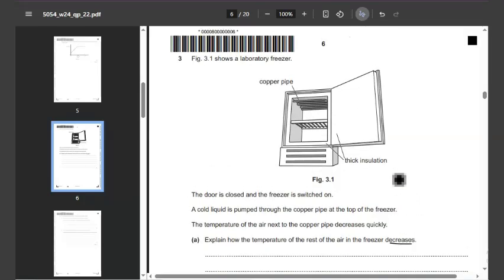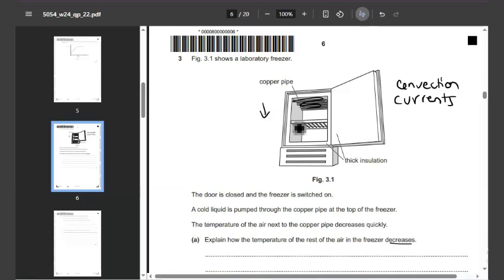Okay, so let's understand what's happening here. Cold liquid is pumped through this copper pipe and due to that the temperature next to the copper pipe will decrease. And whenever they ask how the temperature of a fluid is increasing or decreasing, what you have to do is describe convection currents, because heat flows through any fluid through convection currents.